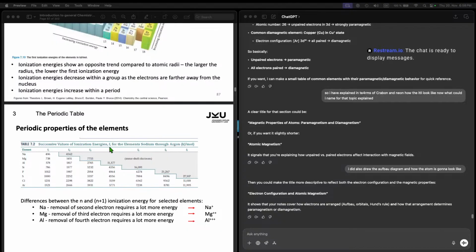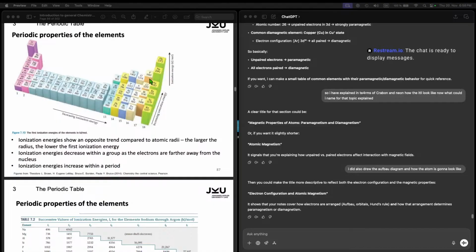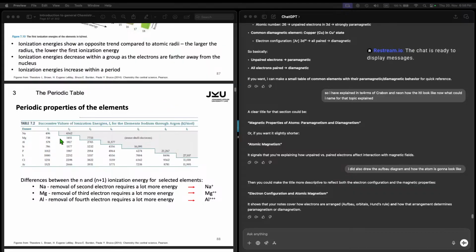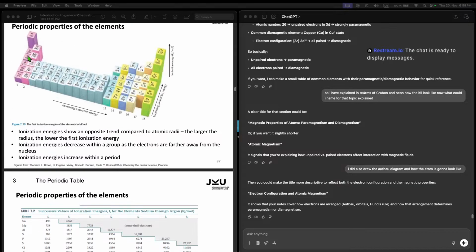Successive values for ionization energy for the elements sodium through argon. Sodium, magnesium, aluminium, silicon. Okay.